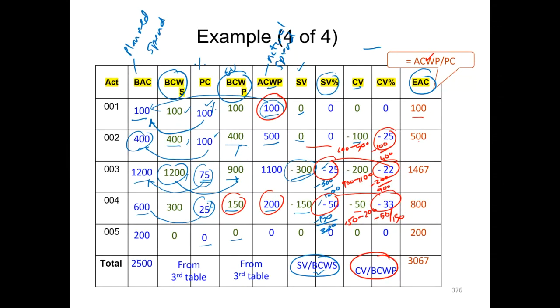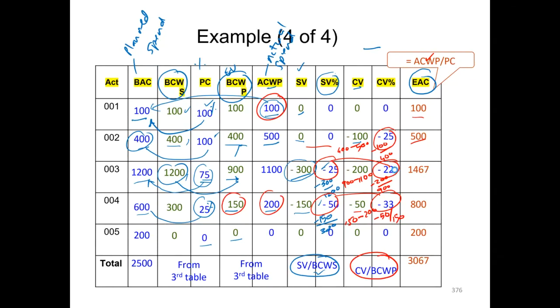Over here, let's see how this 500 is computed. We have the actual cost of work performed, which is 500 here, divided by percentage complete, which is 100%. So estimated cost at completion is showing as 500.